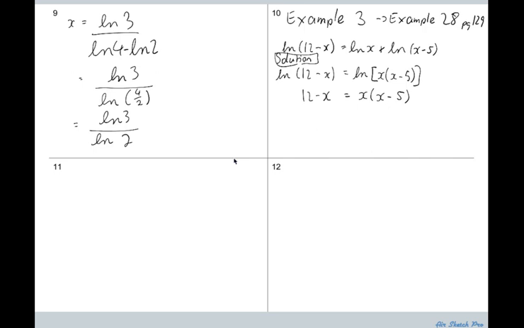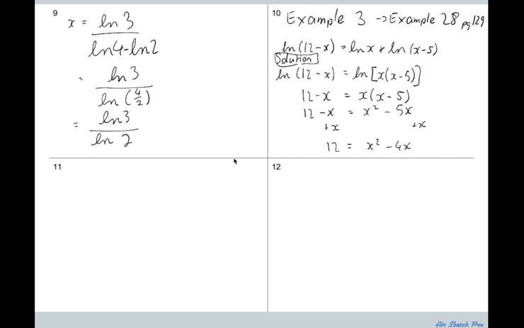Let's go for it. On the left-hand side, I've got 12 minus x. I expand the right-hand side to get x squared minus 5x. I then move all the x's onto one side. We do that by removing them from the side where they appear least, I guess, is the safest thing to do. And so I'm left with 12 is equal to x squared minus 4x.